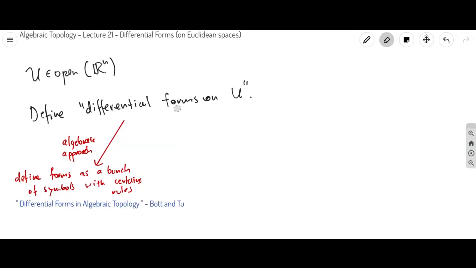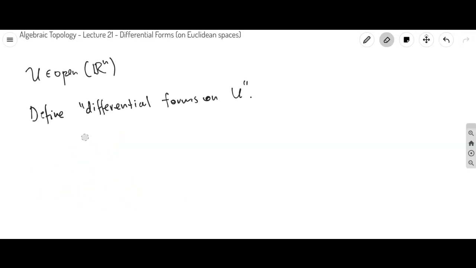But differential forms will proceed in two steps. So in this lecture, we're going to define differential forms on Euclidean spaces. So these will be open subsets of Rn. And then in the next lecture, because we want to work with manifolds, we'll define forms on a smooth manifold.